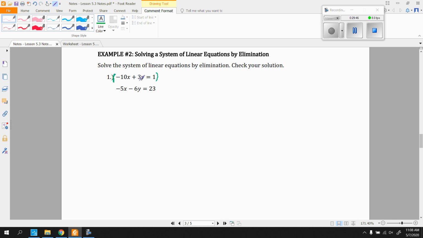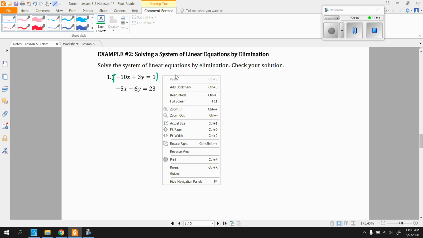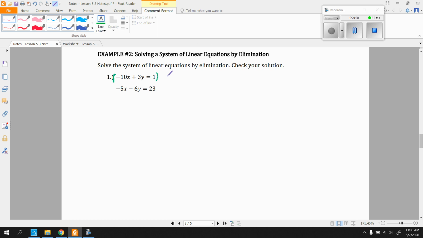How do I turn this 3 into a 6? I need to multiply by 2. And here's the spot where I need to make sure that all three pieces get multiplied by 2. You were just seeing this for the first time, so that's the key to this first step here.